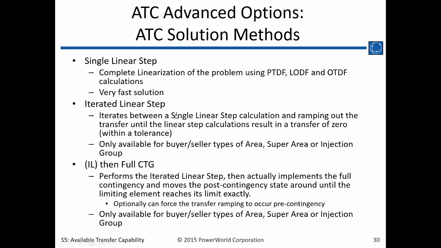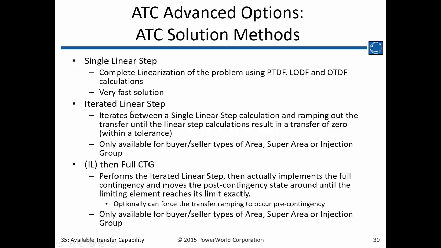Okay, so the three different calculation methods: the one that we've looked at so far is the single linear step, and it's the fastest. Then you can also use these iterative methods. In the iterative methods, it'll actually do a power flow solution after it estimates the transfer level. The difference between the second one and the third one here is that in this one, it's still only solving in the base case.